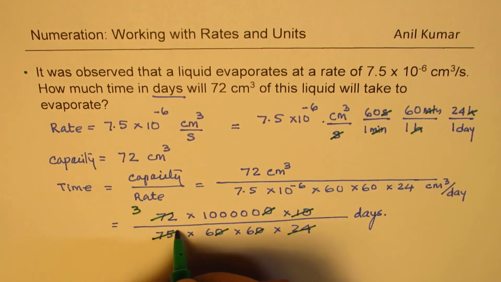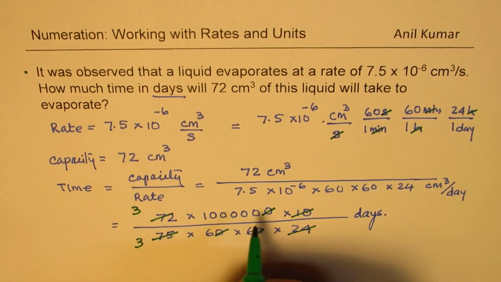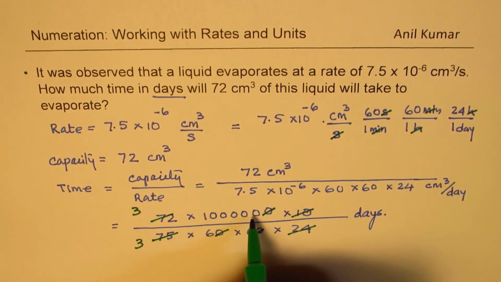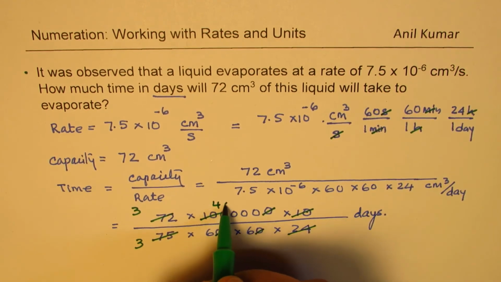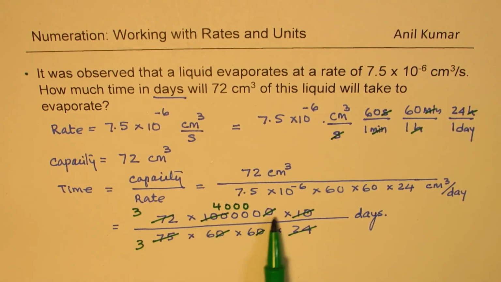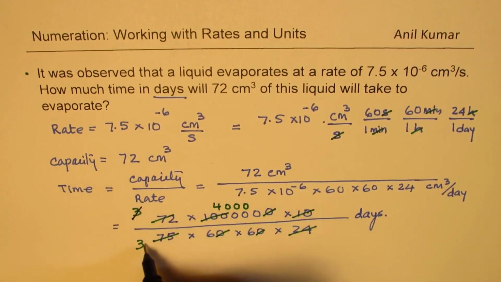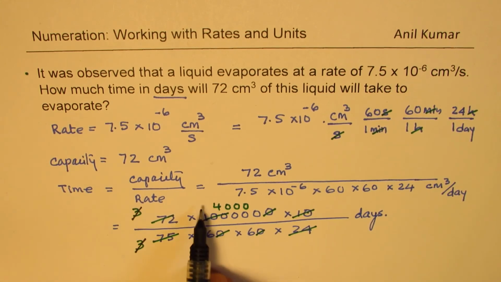Dividing 75 by 25 gives 3, and dividing the 100 by 25 gives 4, so we're left with 4 and these 3 zeros. Again, we can now cancel these 3s also. Do you see how easy this number is to work with? Just by cancelling, we could simplify this a bit.